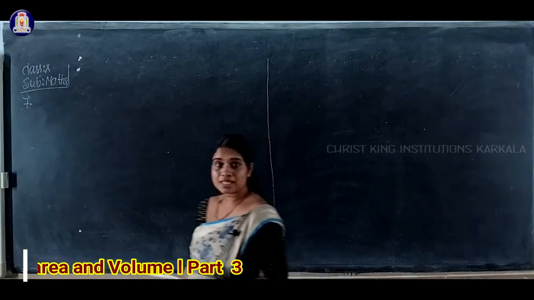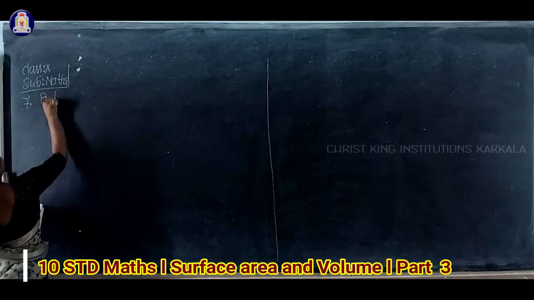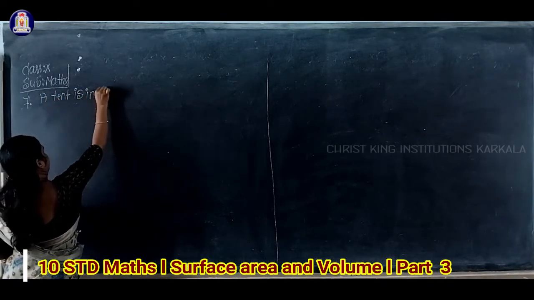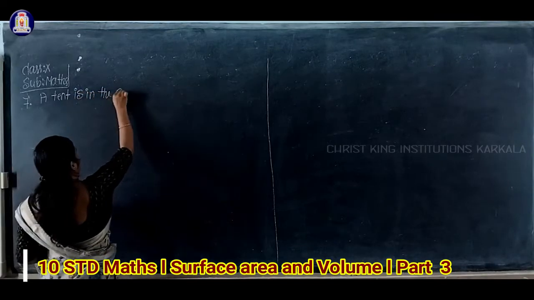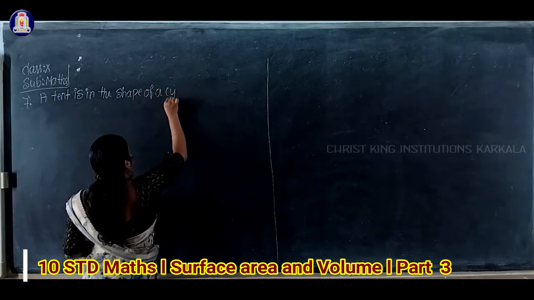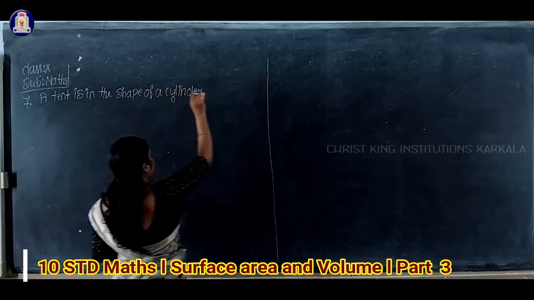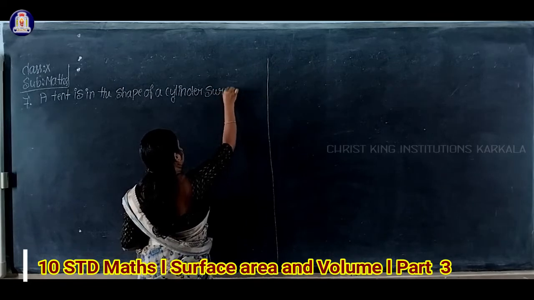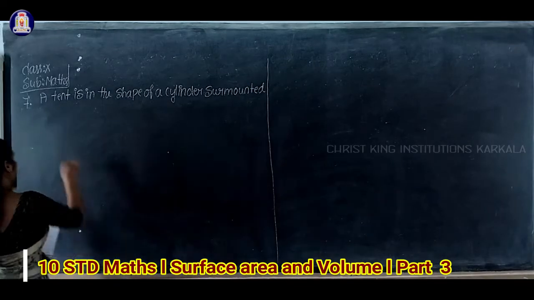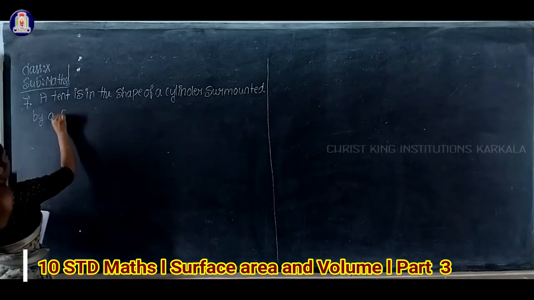Okay, so the next problem, seventh problem. A tent is in the shape of a cylinder surmounted by a conical top.